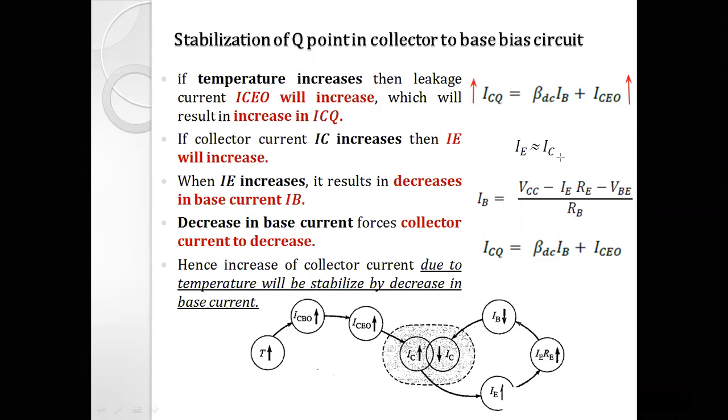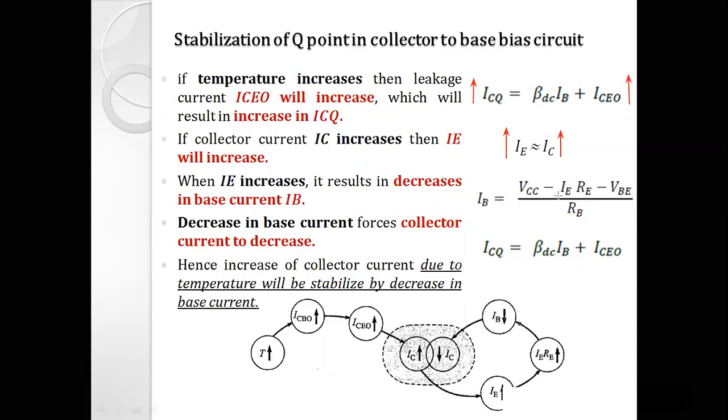As IC increases, IE also increases, right? Why? Because IE is approximately equal to IC, and when IE increases, then from the base current equation we derived in this, sorry, it is not the collector to base bias circuit, it should be the emitter feedback bias circuit.